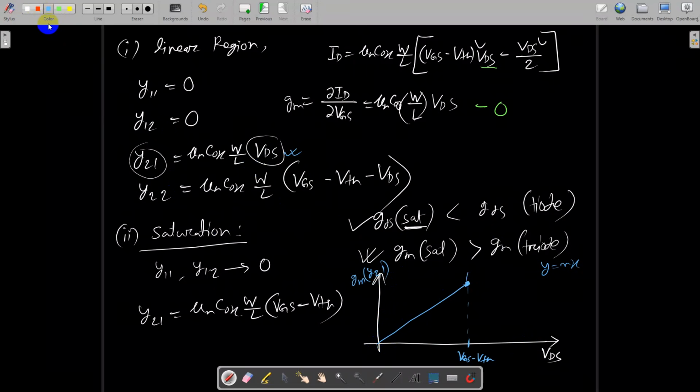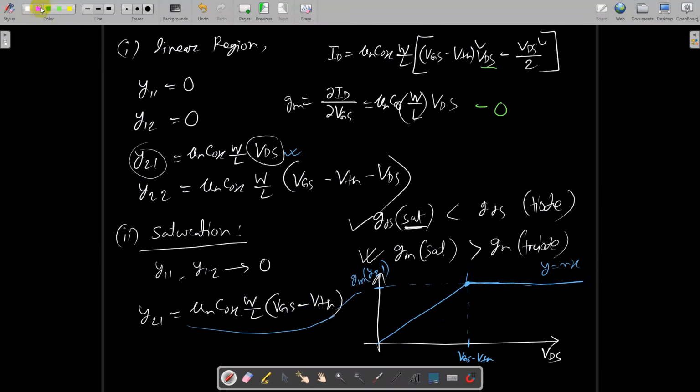After that, your GM is constant and does not depend on this VDS: mu n Cox W by L times VGS minus VTH, and this is the value. So here your GM is constant.